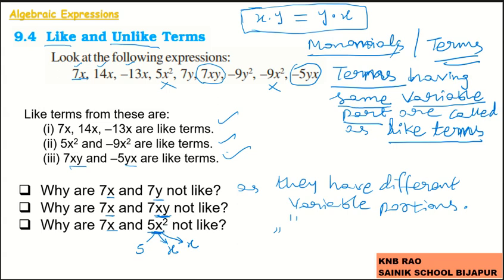That means in this variable portion the power of the variable x is 2, whereas in 7x the power of the variable is 1, that means it is there only one time as a factor. In toto, I say they have different variable parts. Here the variable part is x, here the variable part is x square. So the terms having different variable portions will be called unlike terms.